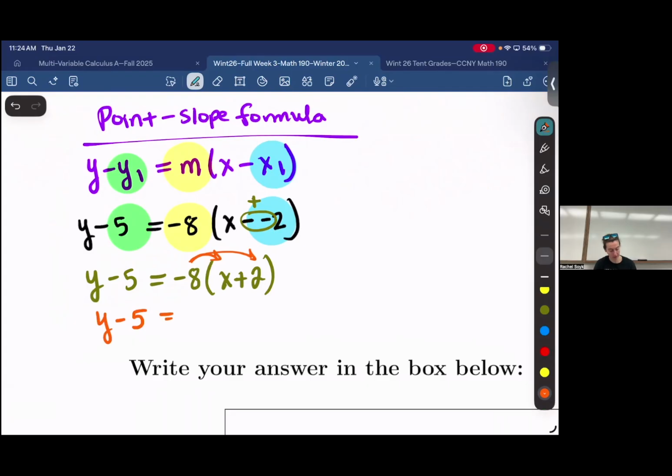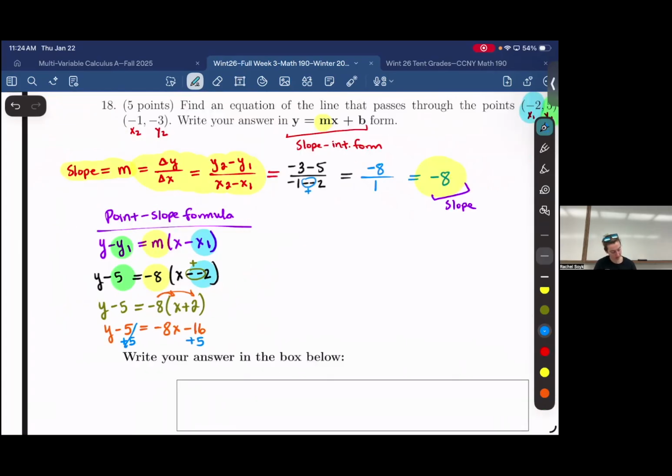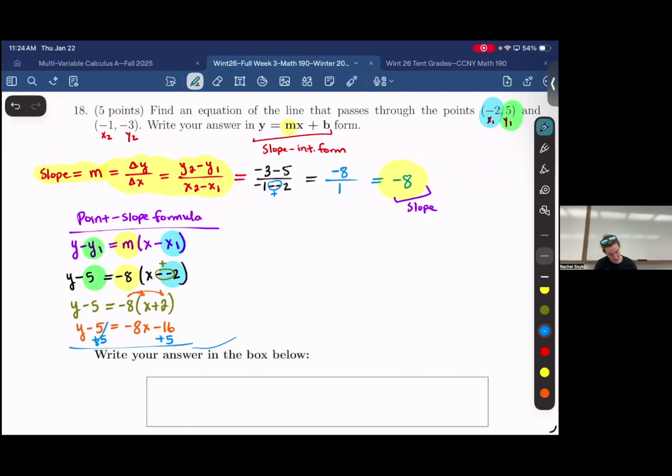Y minus 5 is equal to -8x minus 16. Add 5 to both sides. And we get our final result to be in y equals mx plus b form, -8x minus 11. Telling us that our y-intercept is -11. Our b value is -11.